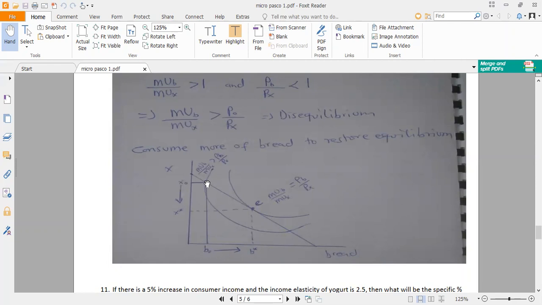Then the second thing, what the consumer has to do to restore equilibrium. Consume more of bread, and by doing so, your marginal utility of bread falls. You consume less of good X, and by doing so, the marginal utility of X increases, so that you get back to point E again. You come and consume X star and then B star. So equilibrium is restored.